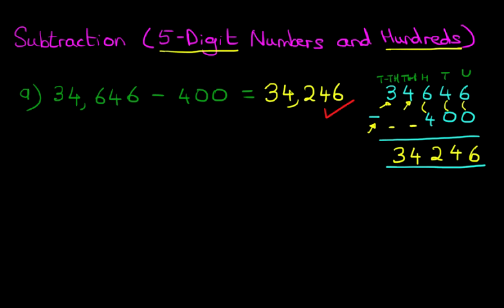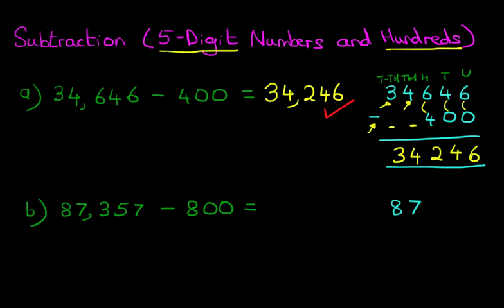Okay, we're now going to move on to our second example. This time we have 87,357 minus 800. So again, we're going to rewrite this in nice, neat columns in the vertical format.